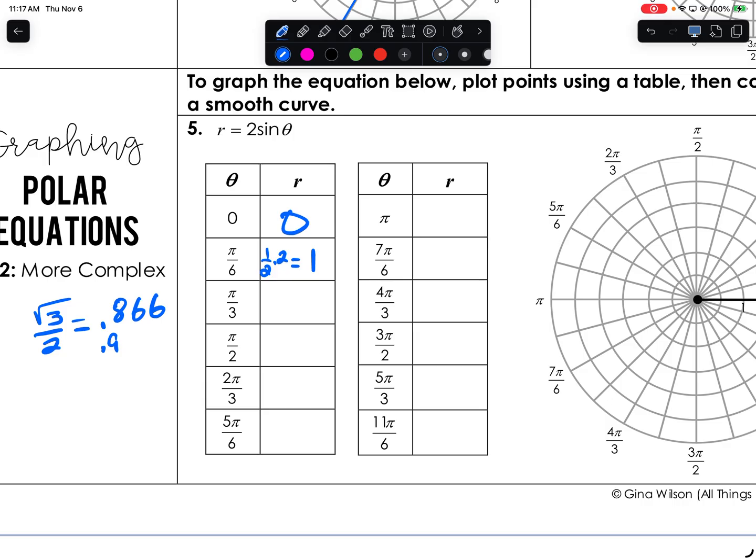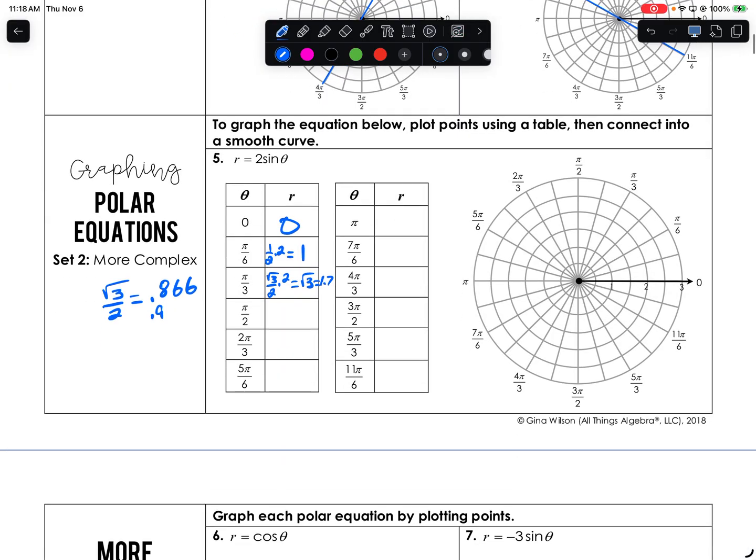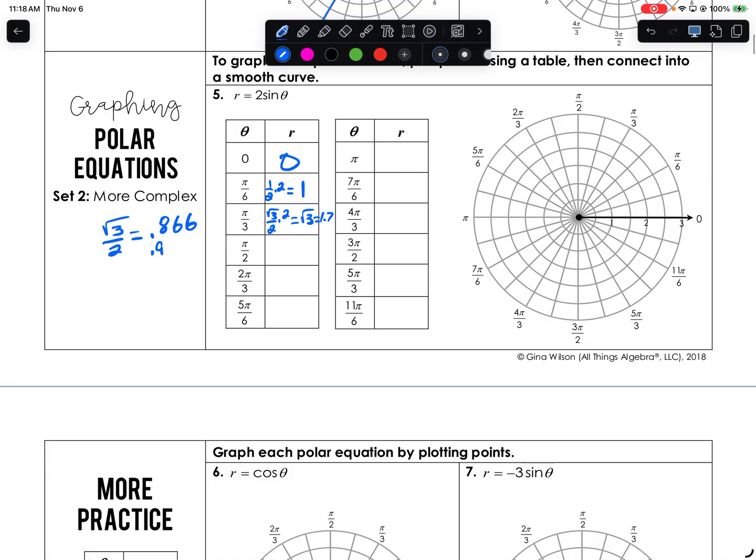Okay, so the y value here is root 3 over 2. What do I have to multiply it by? 2. So what do I get? Root 3. Root 3 is about 1.7, just so you know. So we'll have to graph 1.7 on the little concentric circles. Okay? You could put it in your calculator, right? Because I let you use calculators for everything.